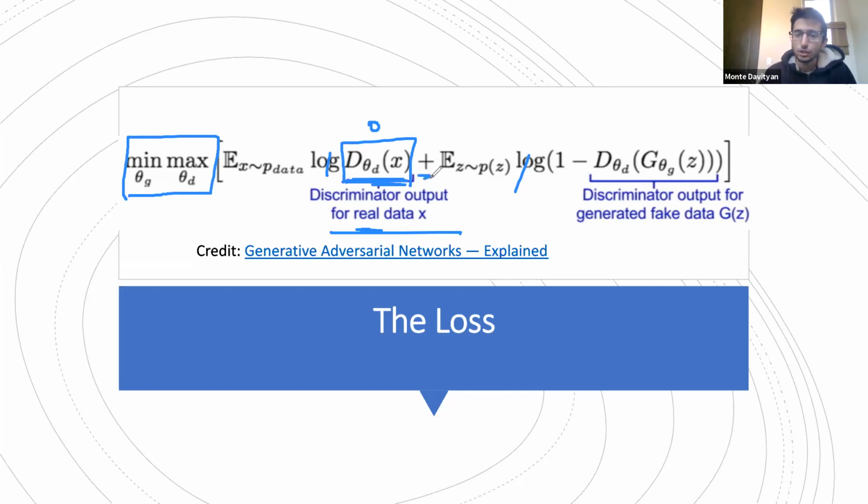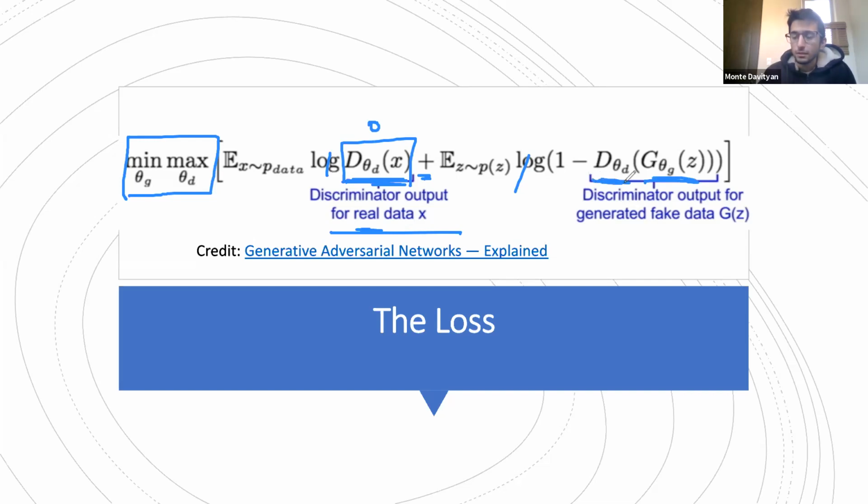Now we have this addition. What is it adding to? It's adding to 1 minus the discriminator as a function of our generator. What does this mean?